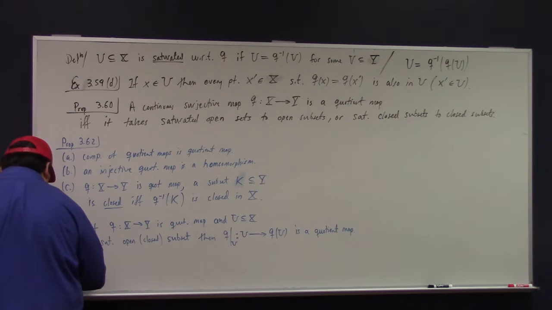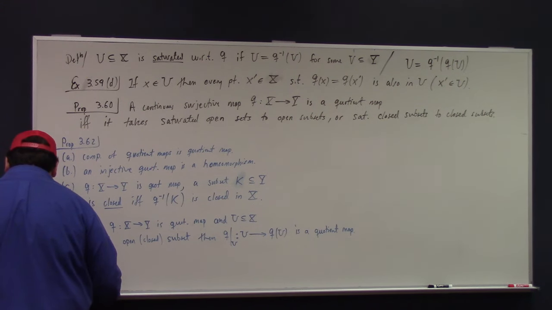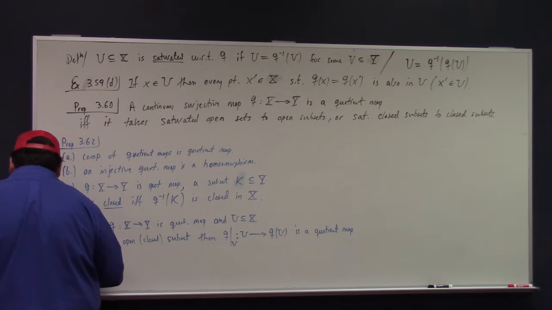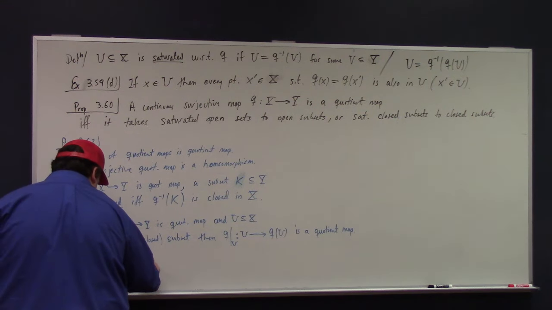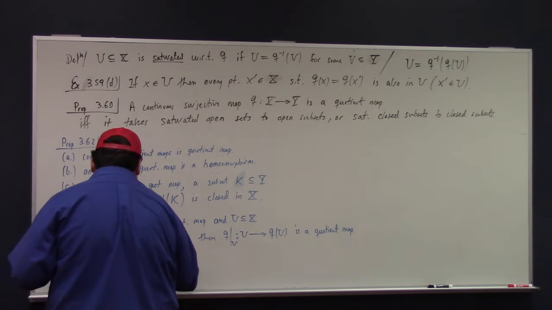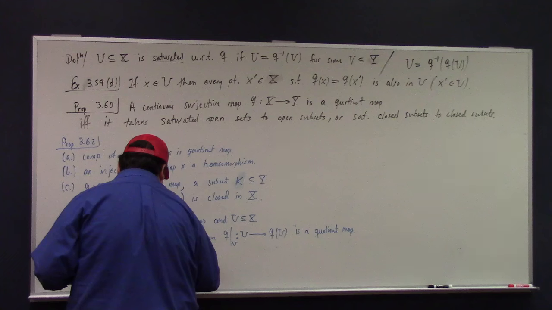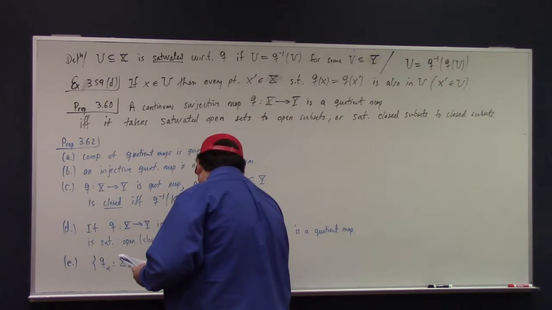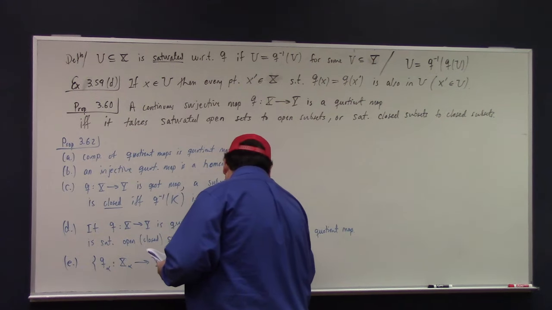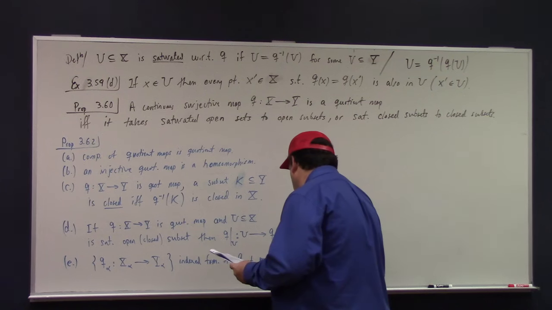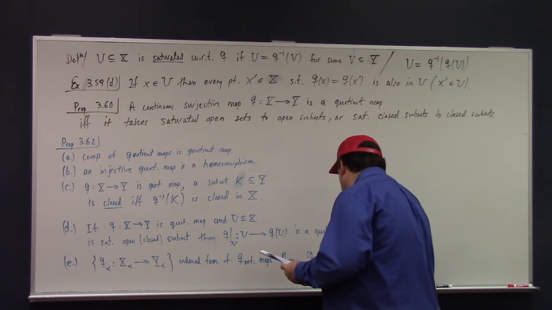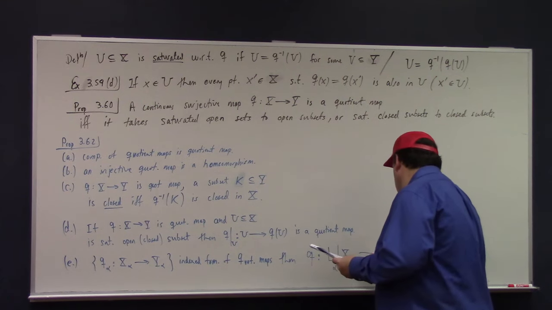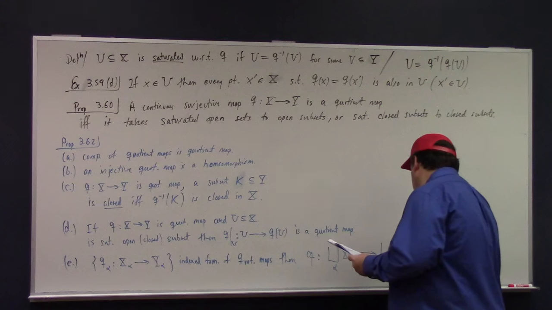And finally, E, which says if you have an indexed family of quotient maps, so I have Q alpha going from X alpha to Y alpha, for each alpha a quotient map, a whole family of these things, then if you define Q on the disjoint union over alpha of the X alpha, mapping to the disjoint union over alpha of the Y alpha, guess what?